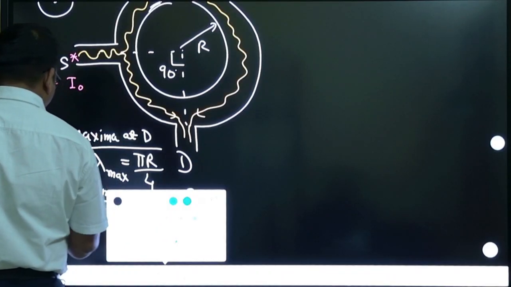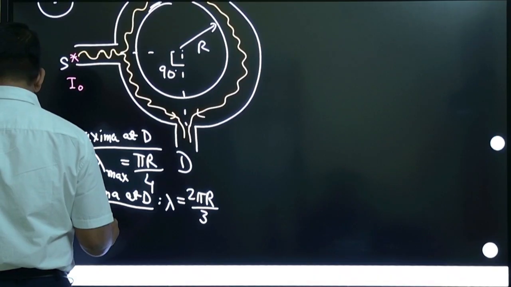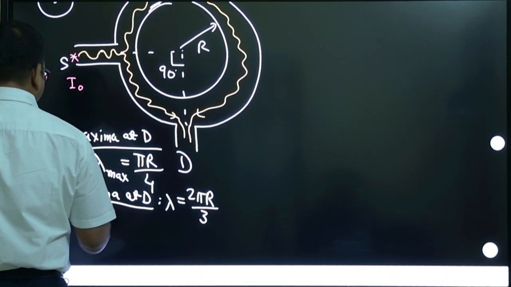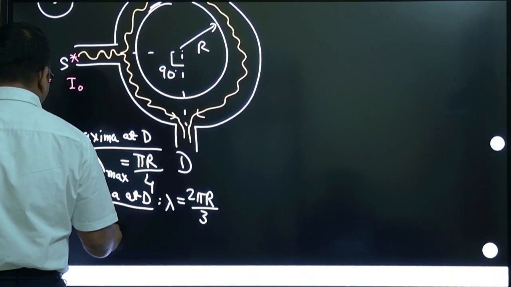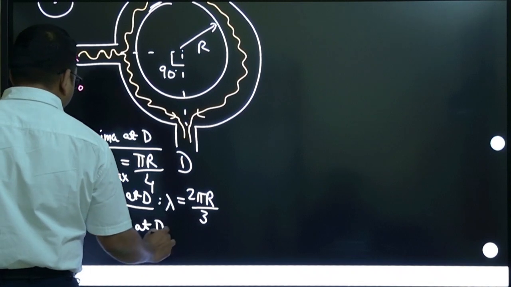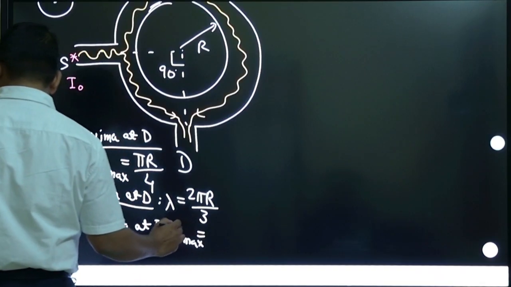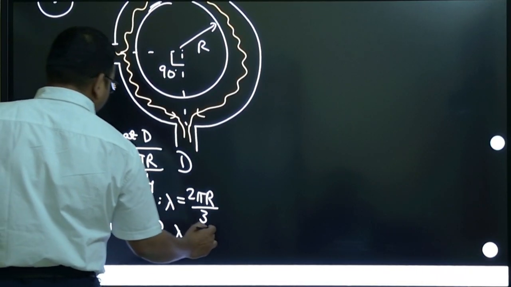Option number C, maximum value of lambda to produce maxima at D. So again think maxima at D, maxima at D. So maximum value of lambda is given as pi r.